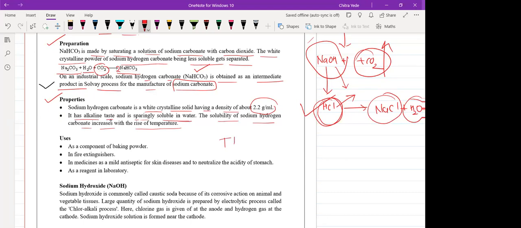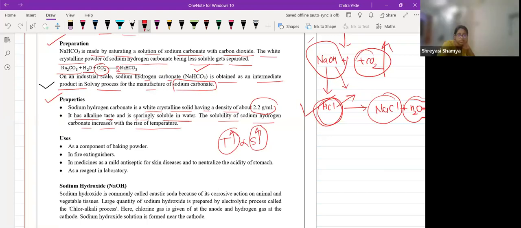As temperature increases, the solubility of sodium bicarbonate also increases, so it is directly proportional.